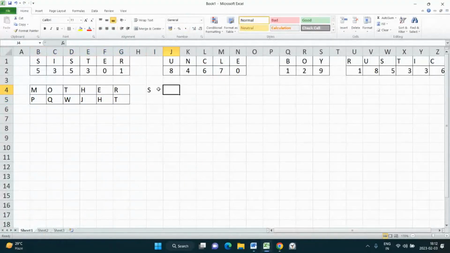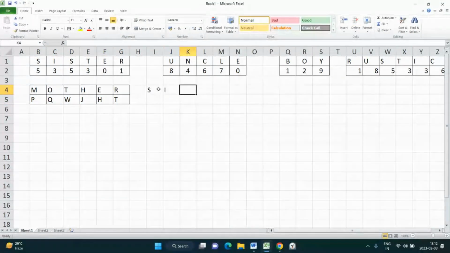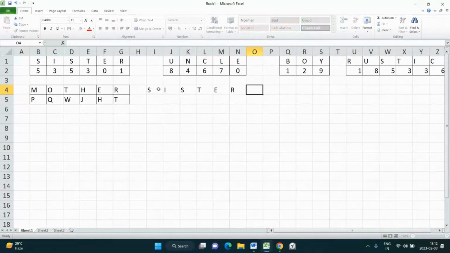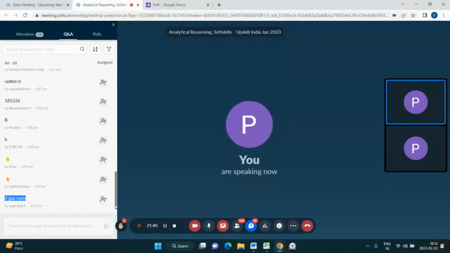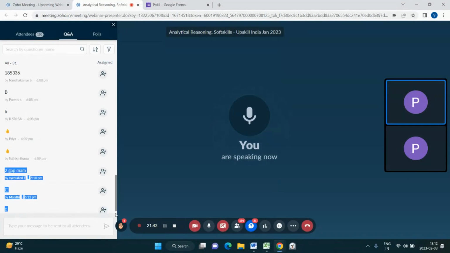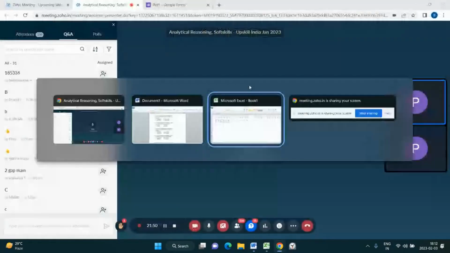S, I, S, T, E, R. Any guess? Now I want you to guess. Very good. Two gaps. Good. Satish is right. Excellent. Somebody has already given the answer. C. Yes. There is a two gap.